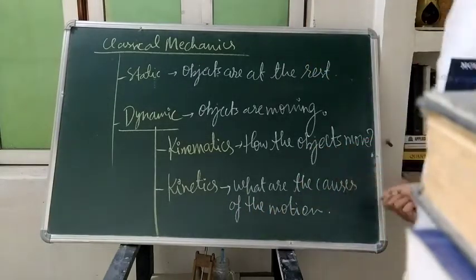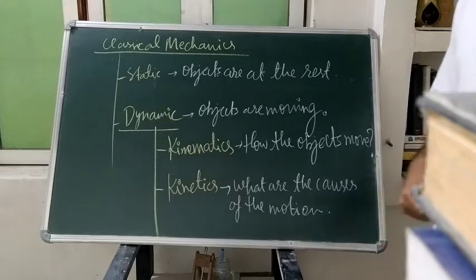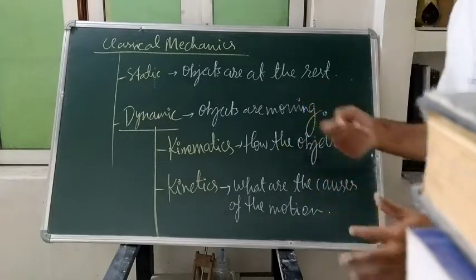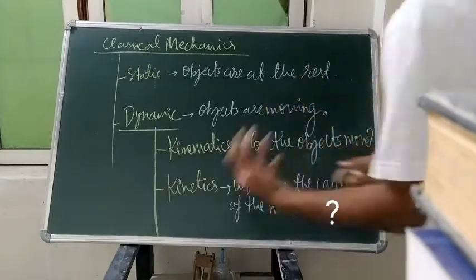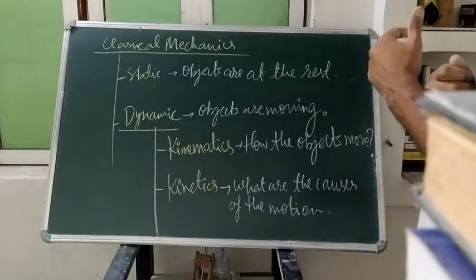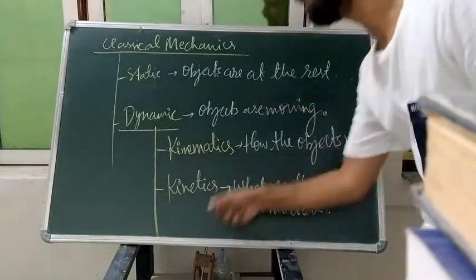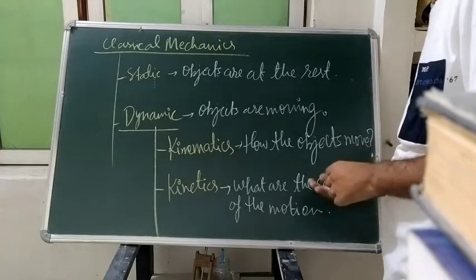So in kinematics, we will not consider the cause of motion, whereas in kinetics we will consider the causes of motion. Keep this in mind: in kinematics we are only focusing on how the objects are moving, not why. But in kinetics we will also consider why the objects are moving.